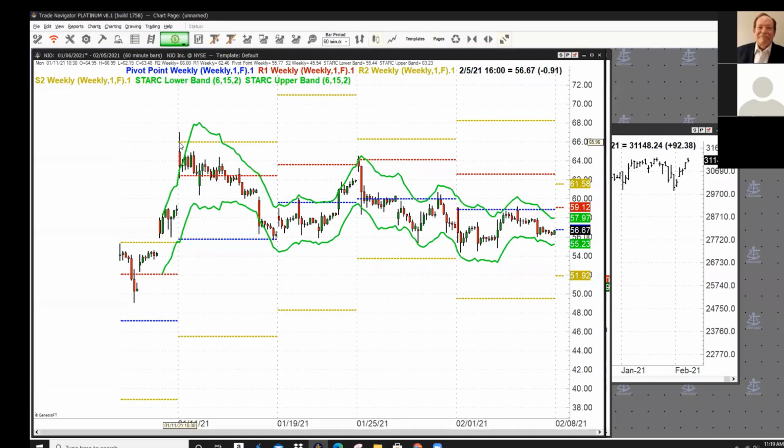So that first move up in early January hit the R2 perfectly, came back down to the weekly pivot by the end of the week, popped up to the R1 in the end of January, then another correction. You can see at this point we've just been bumping into the R2 for last week. We never made it back above it. So that'd be the first sort of thing I'd be looking for.